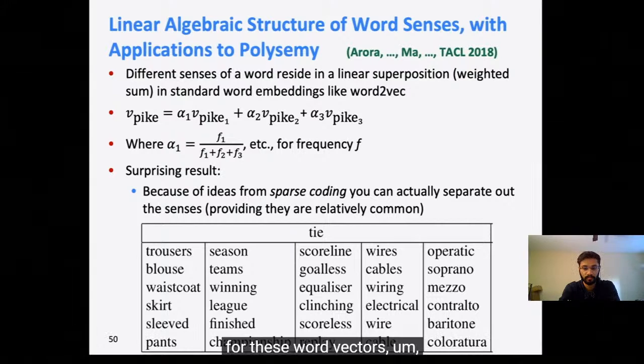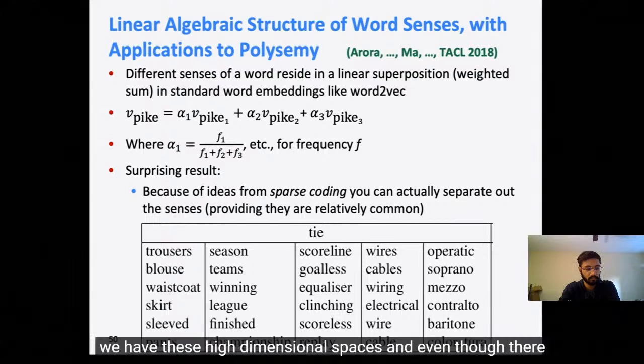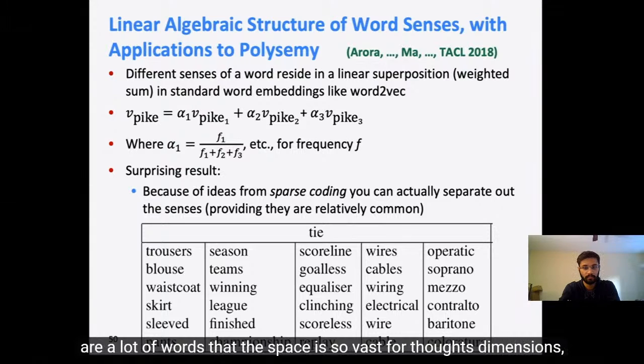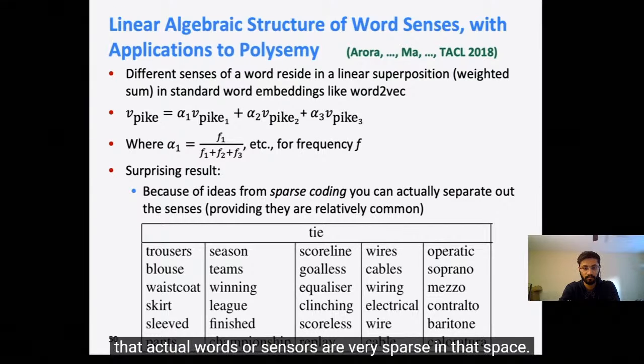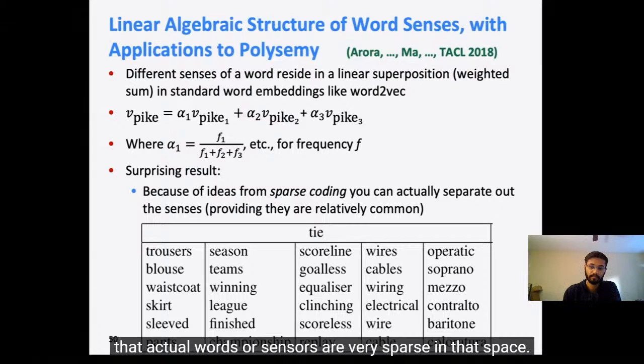But, well, for these word vectors, we have these high dimensional spaces, and even though there are a lot of words, the space is so vast with all its dimensions that actual words or senses are very sparse in that space.